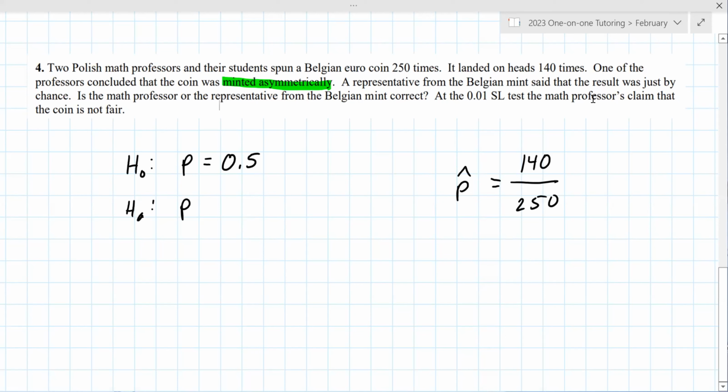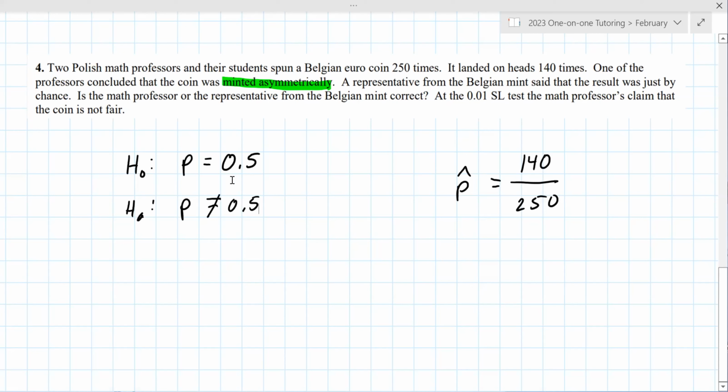For me, I think that "not fair" means it's biased one way or the other. We just don't know which way. I guess I would go not equal to 0.5, but there's going to be something in there that hints at what it would be. Because "asymmetric" doesn't mean anything. It just means it's one way or the other.